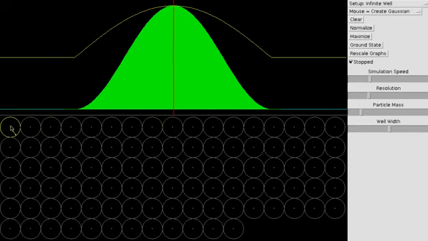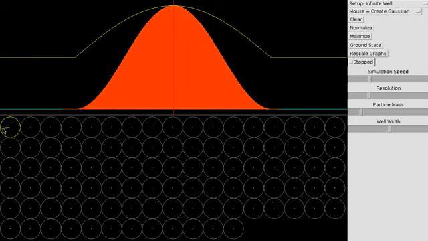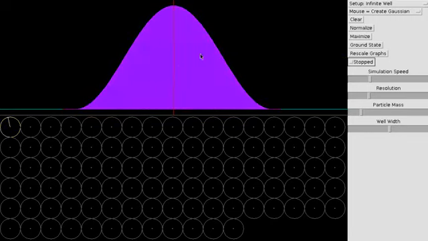Now, in each of these circles, there may or may not be a line. The length of the line represents the magnitude of the time part of the evolution of that particular stationary state. And the angle going around the circle represents the phase as that evolution proceeds. So if I unstop this simulation, you can see this slowly rotating around. You're also probably noticing the color changing.